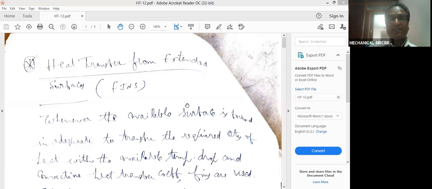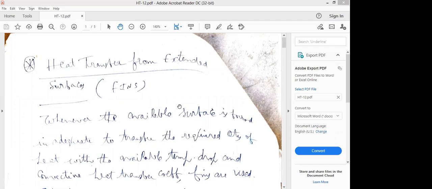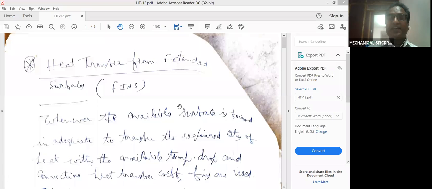For a cylinder the critical radius RO is equal to K by H, whereas for a sphere it is 2K by H. A derivation was given in the last class, and we solved two problems on the critical thickness.